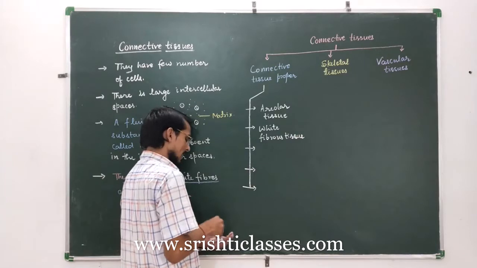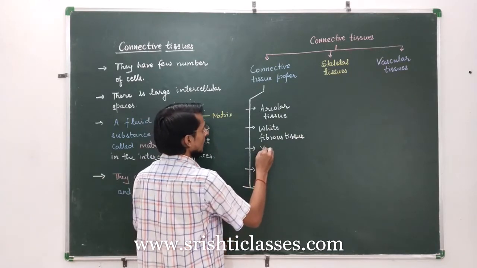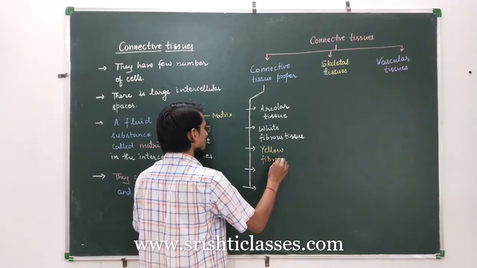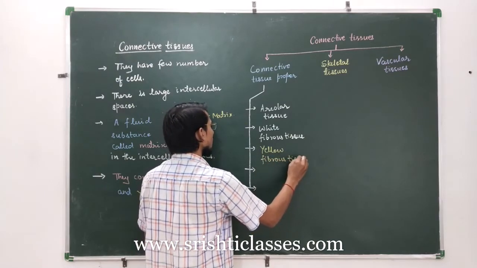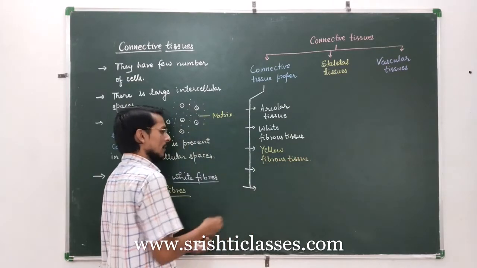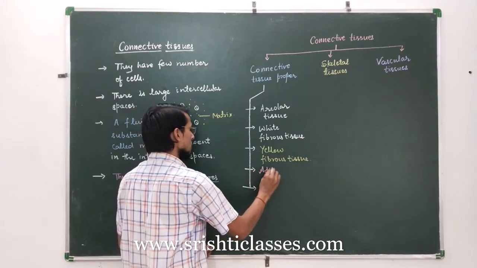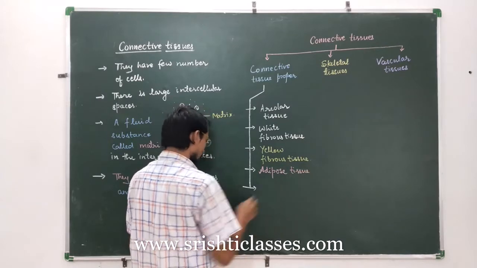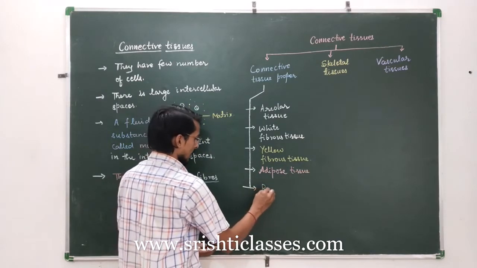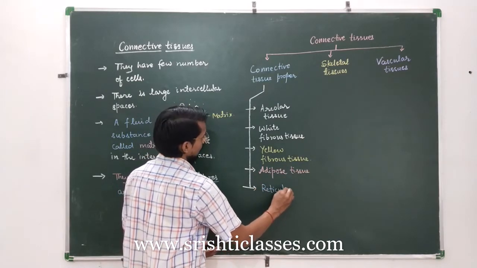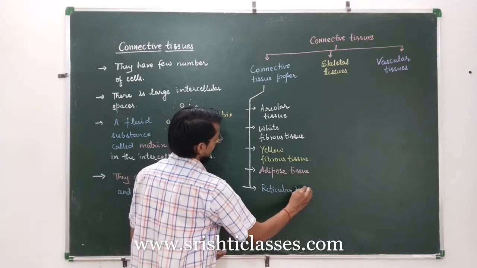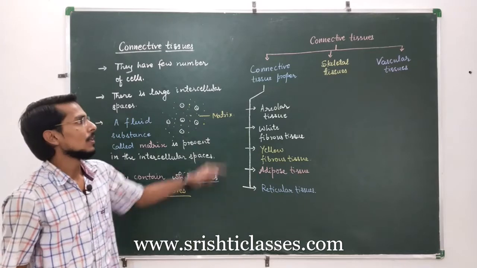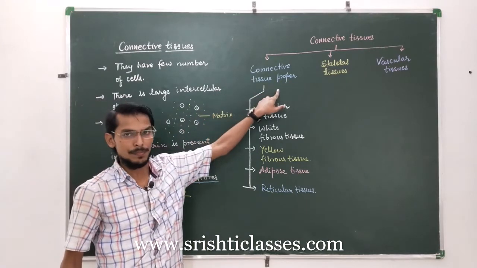Number 3 is yellow fibrous tissue. Number 4 is adipose tissue. And number 5 is reticular tissues. These are the 5 types of connective tissue proper.